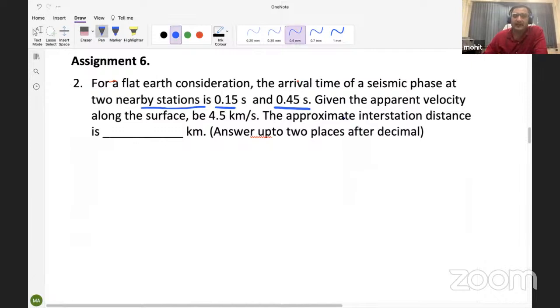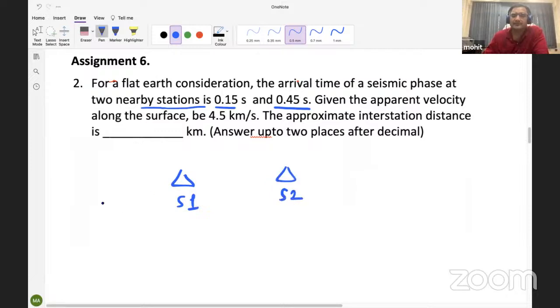So you can see the arrival times are given at two nearby stations for the seismic phase. So for flat earth we are required to consider. So when the seismic wave is traveling, then at one station, so let's suppose this is your station 1 and this is your station 2.